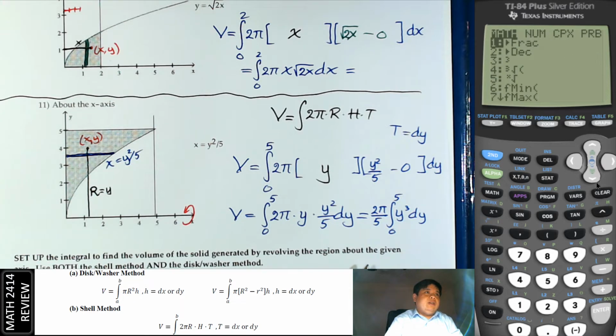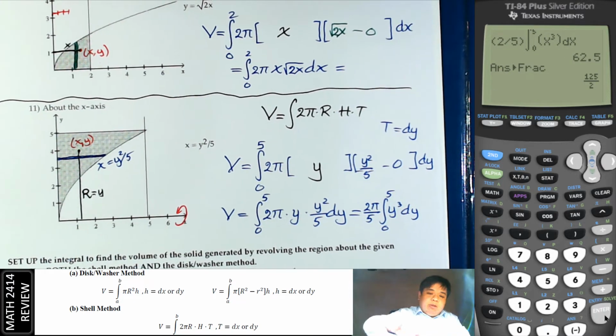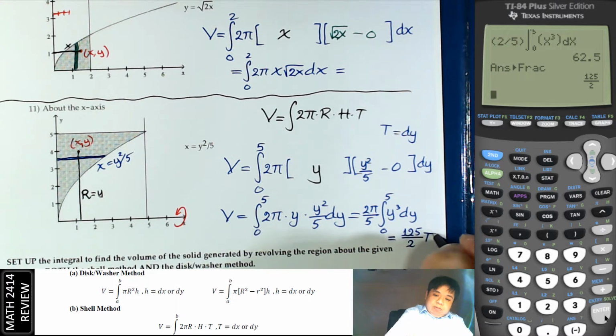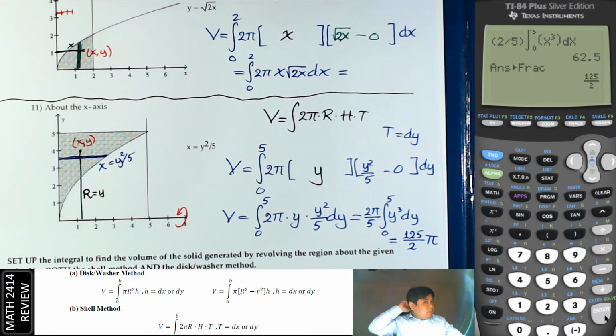That gives 62.5, or 125/2. And then we stick a pi to it. Right, so that is the shell method.